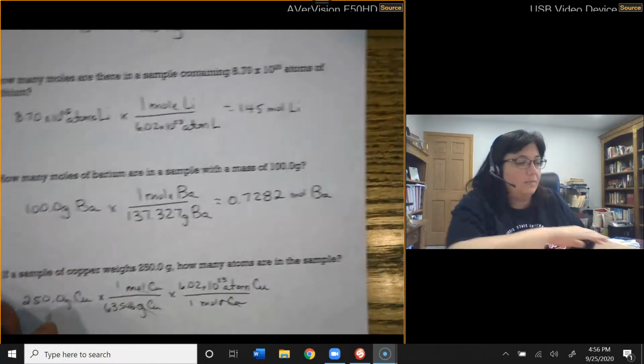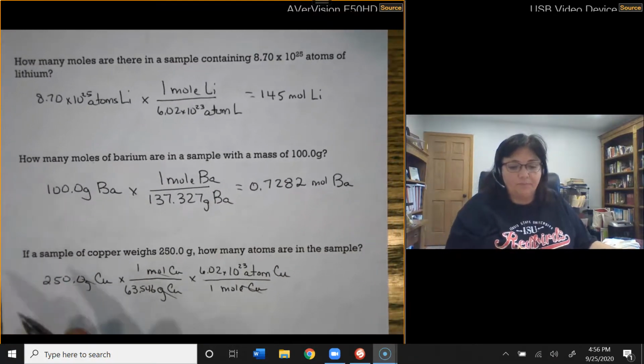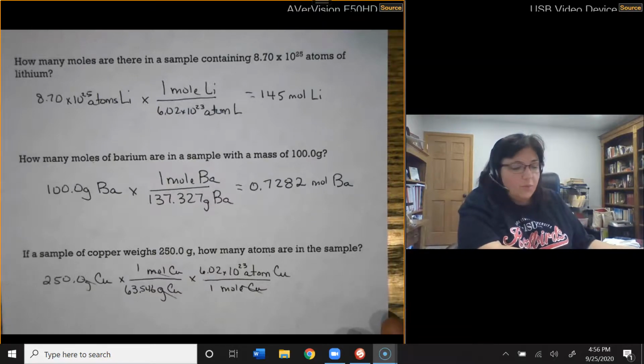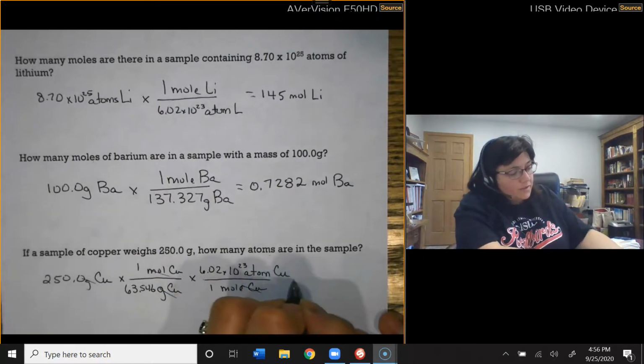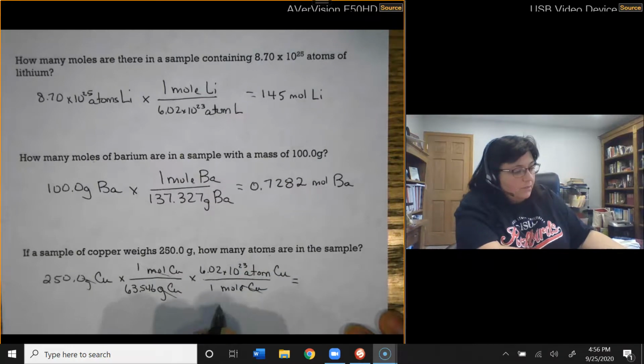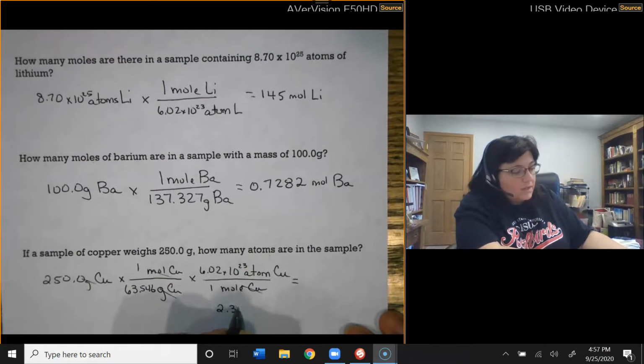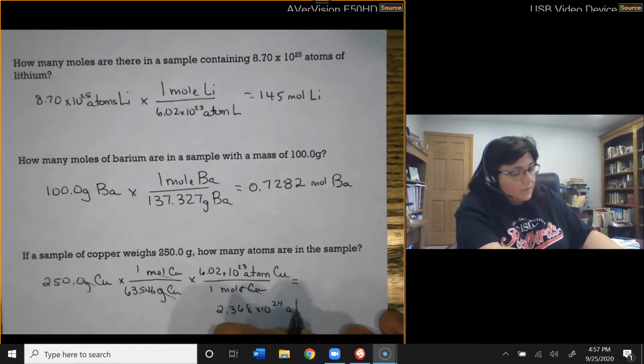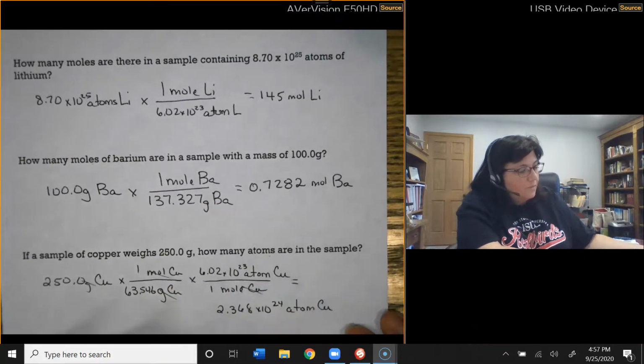I'm left with atoms, so now all I have to do is the math. So I've got 250 divided by 63.546 times 6.02 times 10 to the 23rd, which is, to 3 sig figs, so I'm going to write it down here, 2.37 times 10 to the 24 atoms of Cu.